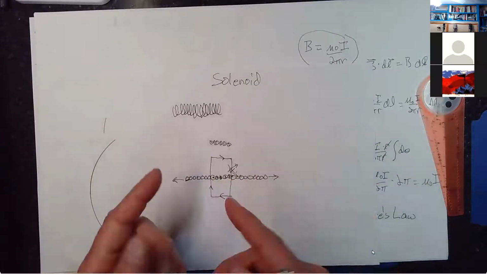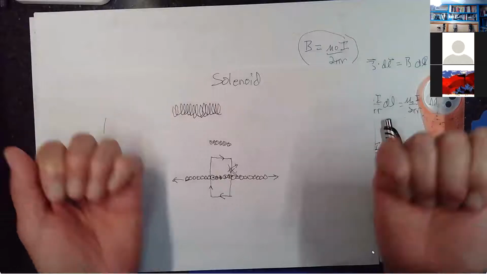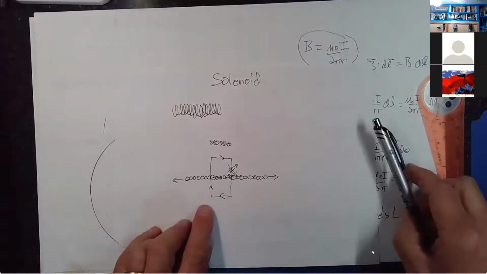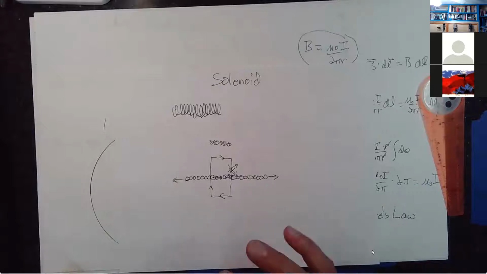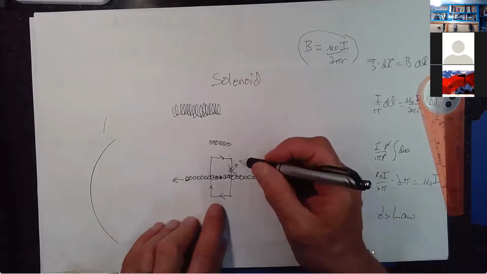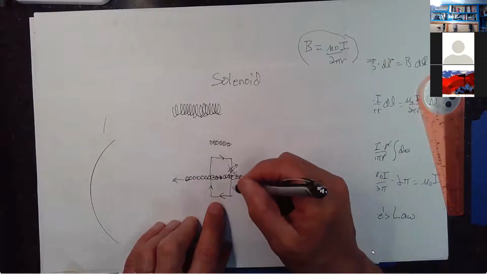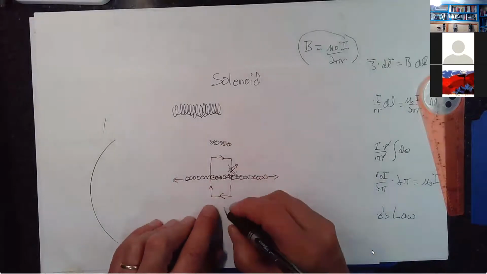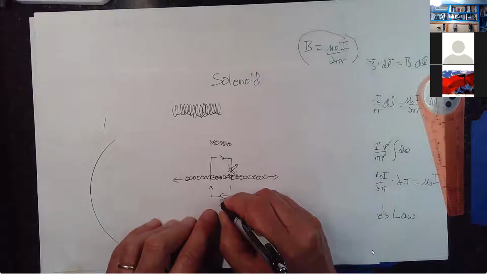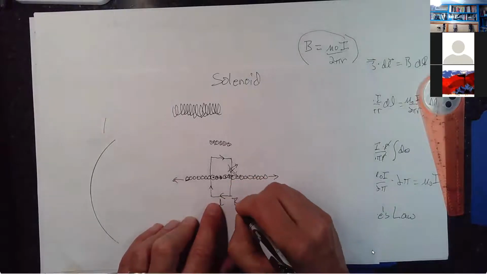And if you have the approximation of an infinitely long solenoid, they do end up canceling each other. Now, this is an approximation we're dealing with, but it'll give us a bit of an idea how strong the magnetic field can be inside of one of these things. So we go around our little length here. For this part, we'll have a length in which the magnetic field is 0 out here.